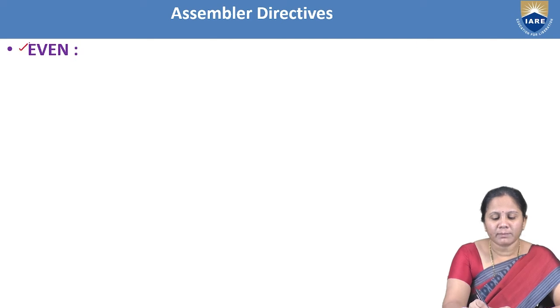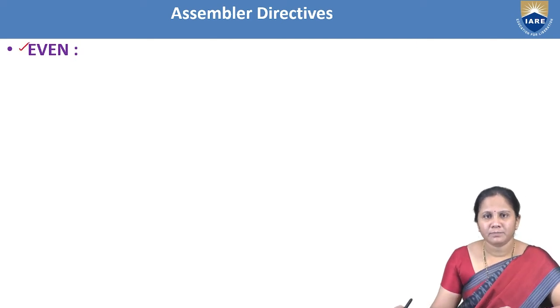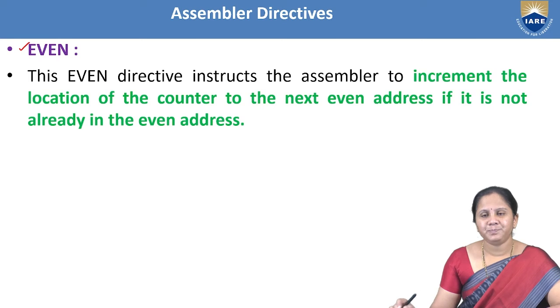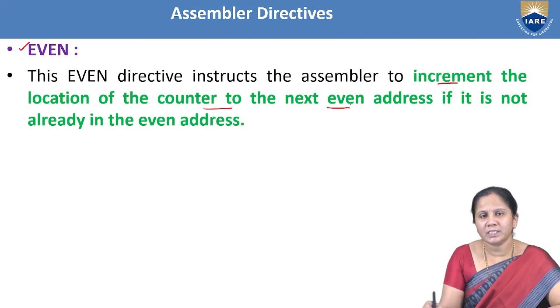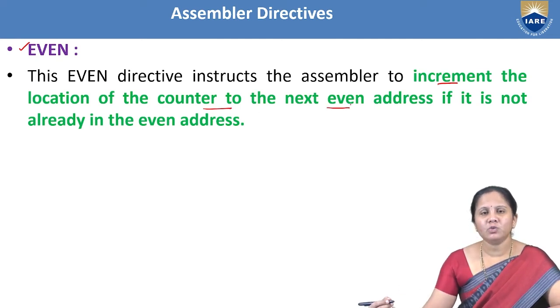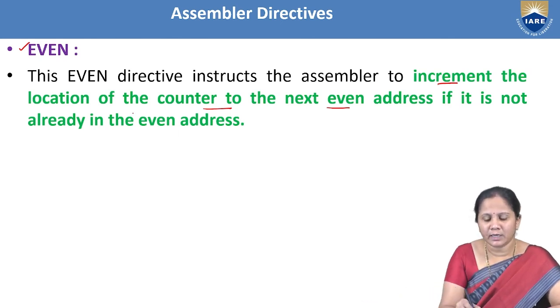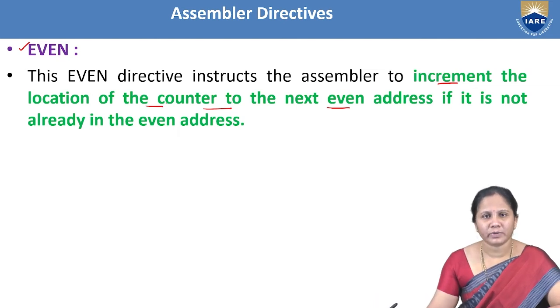And the next assembler directive is EVEN. It tells the assembler to increment the location counter to the next even address if it is not at an even address. What is the necessity of increasing the location counter to an even address?